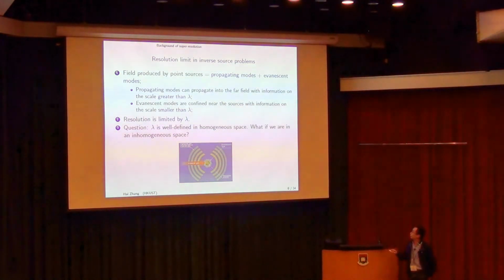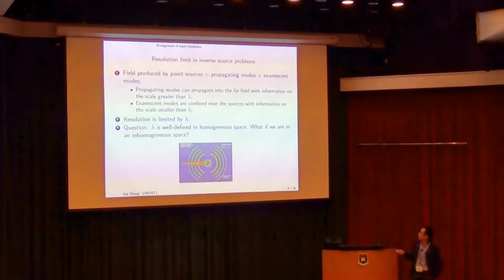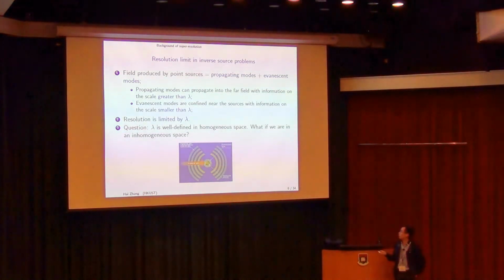These propagating modes can be measured, but they only carry information about the sources on the scale which is greater than the wavelength of the waves. The other part is evanescent modes. These modes cannot propagate to the far field, so they cannot be measured, but they carry information about the sources on the scale smaller than the wavelength. As a result, we see that the resolution is actually limited by this wavelength.